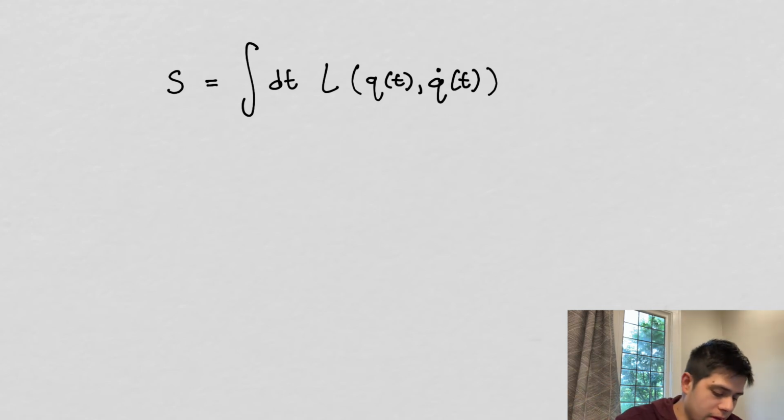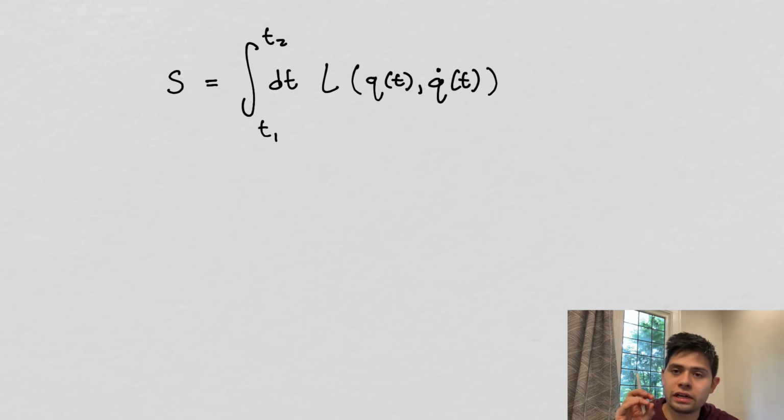So we go from time 1 to time 2. And this is what we're defining as the action. The action, again, is the integral of the Lagrangian.